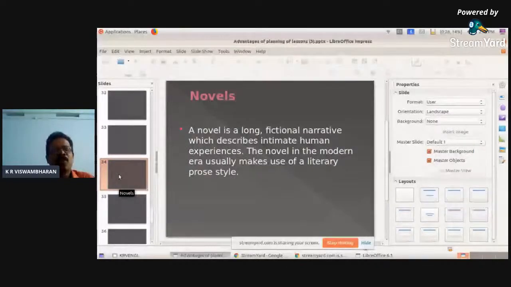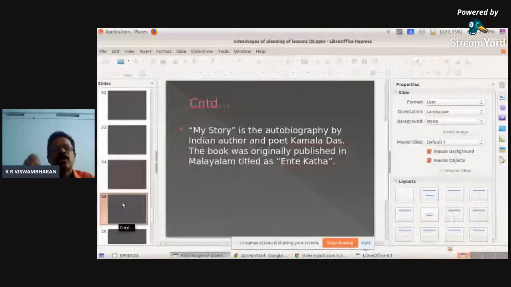The novel in the modern era usually makes use of a literary prose style. My Story is the famous poet Kamala Das's autobiography, an Indian author. The book was originally published in Malayalam, titled as Ende Katha.